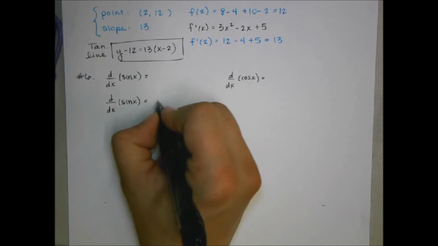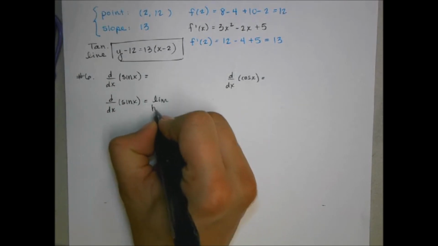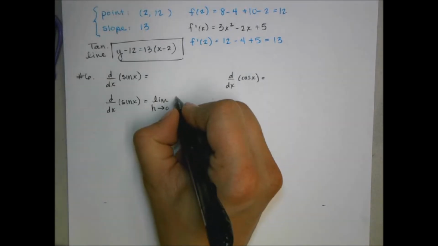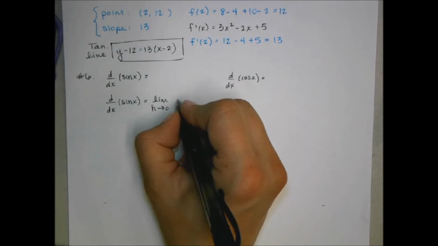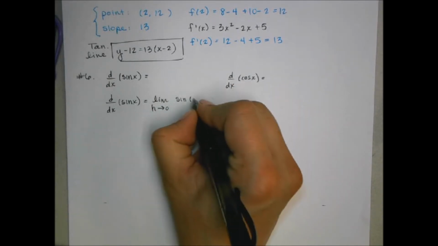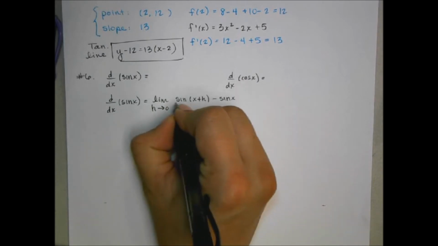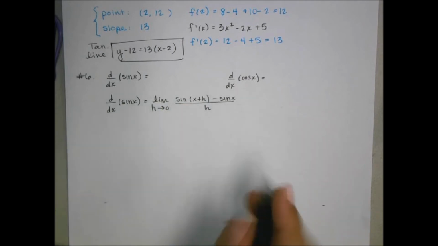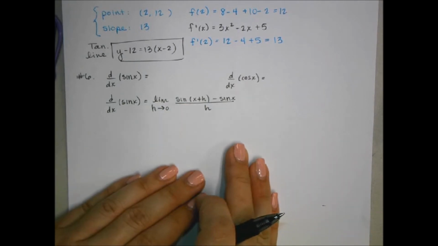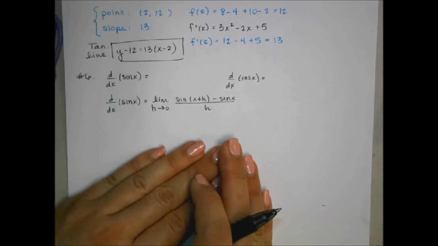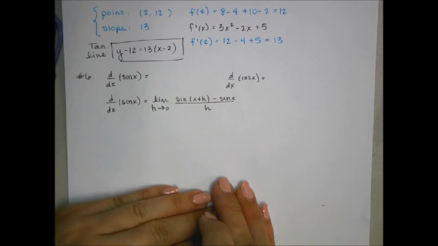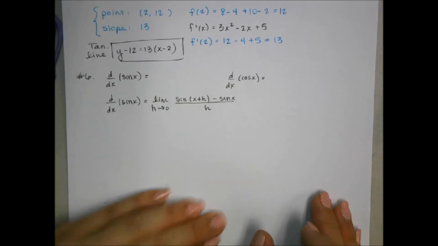So our limit process definition. We want to do sine of x plus h minus sine x all over h. So it's plugging everything in using our limit process. There's a few things we're going to need here in order to figure this out, and I'll come back and write them in as soon as we get to them.